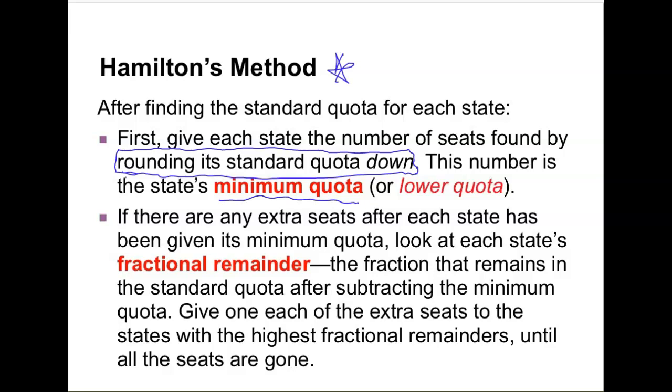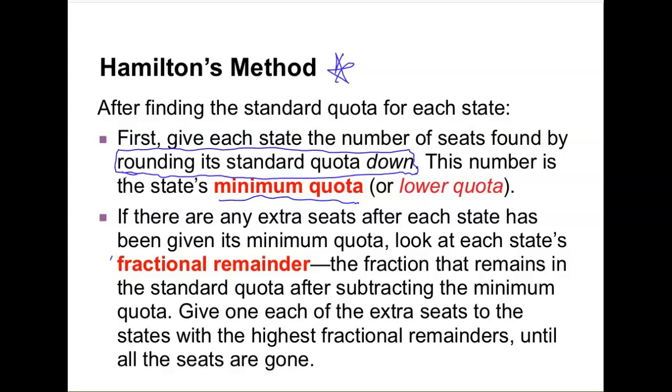Once you've chopped everybody's decimal off, you're going to add up the minimum quota. So you're going to add up the totals. If that adds up to 435, you're done, because you've already given away all the seats, right? Now, if there are seats remaining, that's what the second point is going to tell us to do.